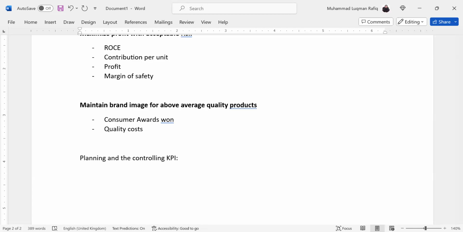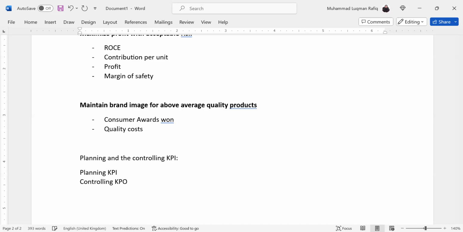One thing I would suggest is that once you come across such a situation, try to think what could be a planning KPI and what could be the controlling KPI.